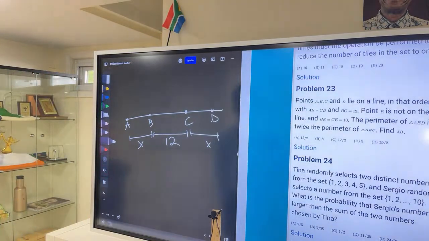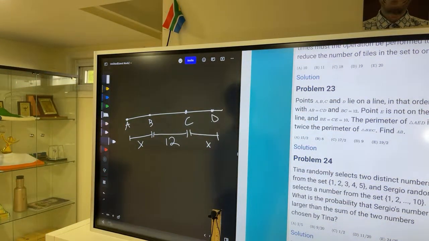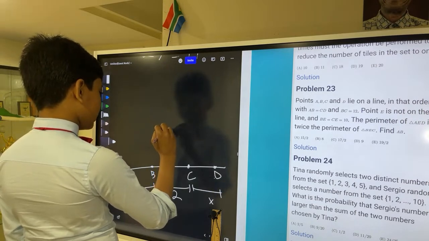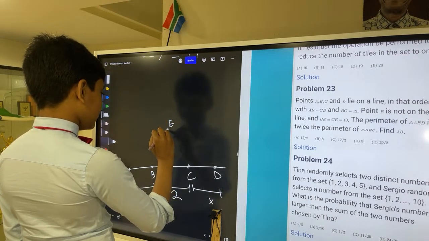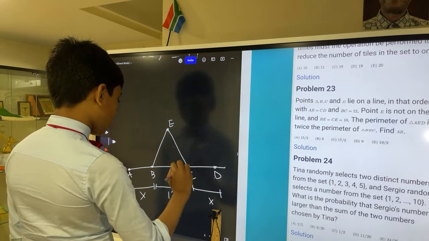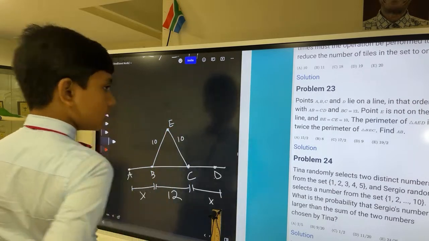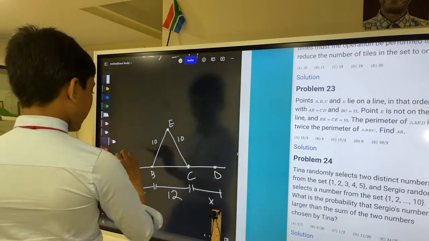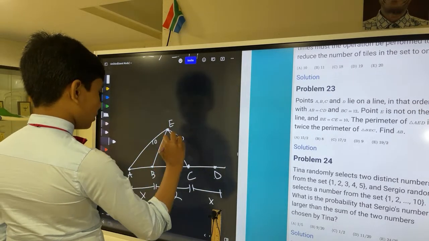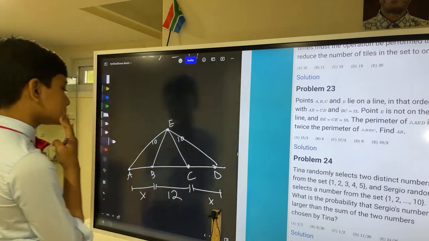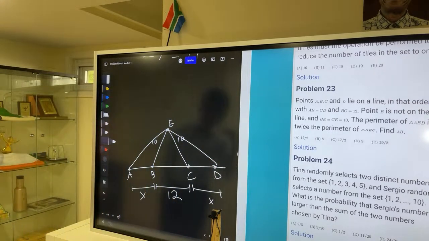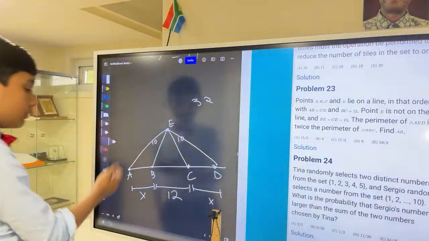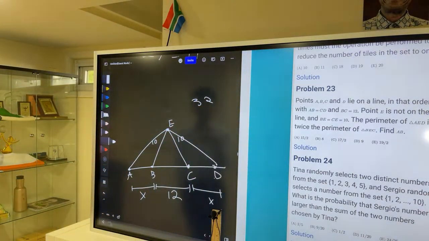Point E is not on the line, but BE is equal to CE, so they form the sort of isosceles triangle, and it is equal to 10, 10. Okay. The perimeter of AED is twice the perimeter of BEC. Alright, BEC obviously right off the bat has a perimeter of 32. So AED has a perimeter of 64.